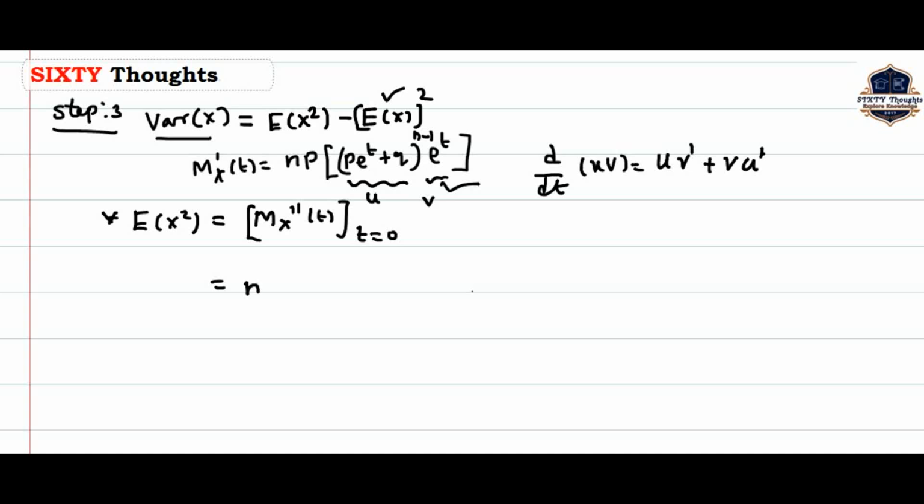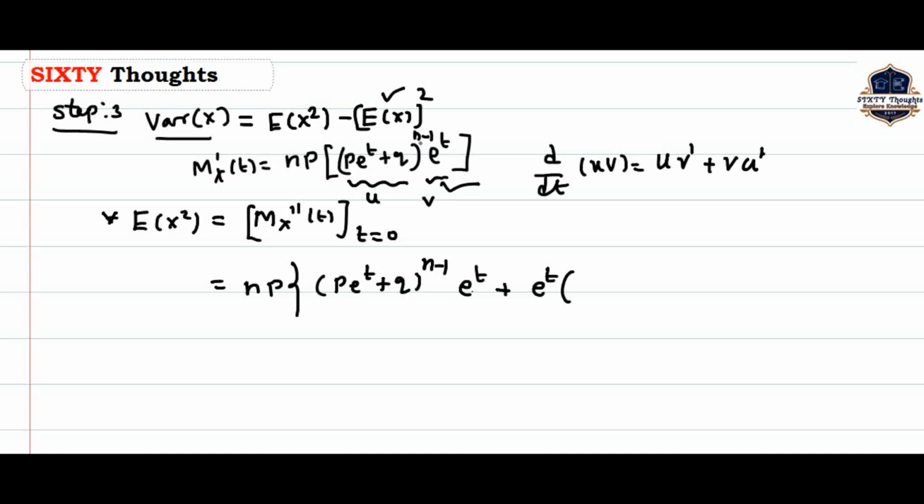So we get np into, you consider u as it is, that means (p e power t plus q) whole power n minus 1. What is differentiation of v? That means what is differentiation of e power t? So e power t. Okay, plus we consider the same value, that is e power t, and differentiate with respect to t in the u term. Here you consider x power n is there.